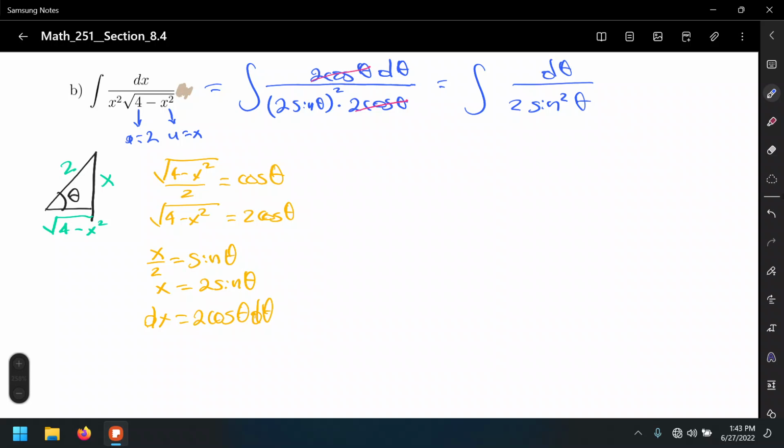And I've made a mistake on purpose to see if you can catch it. What did I do wrong? The 2. Be careful, because this power right here affects both the coefficient and the trig function. So that should have been a 4 right there.